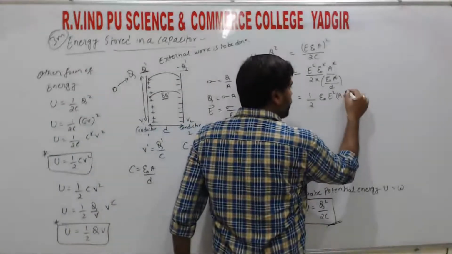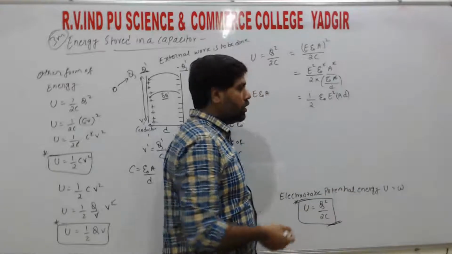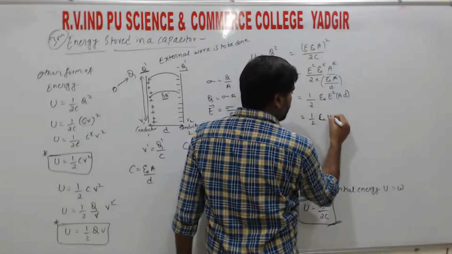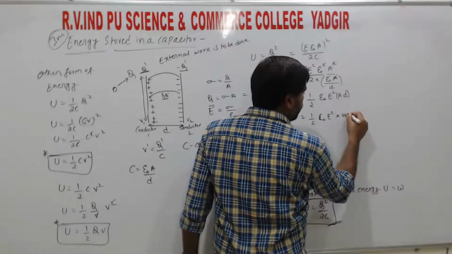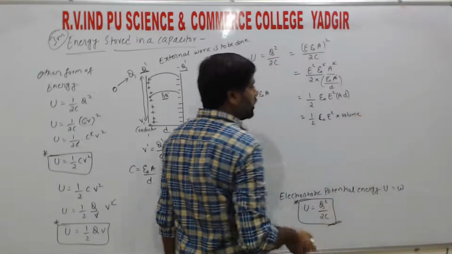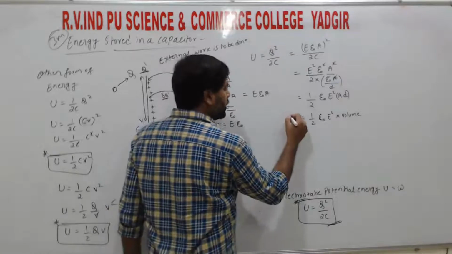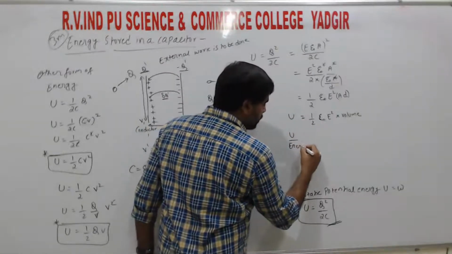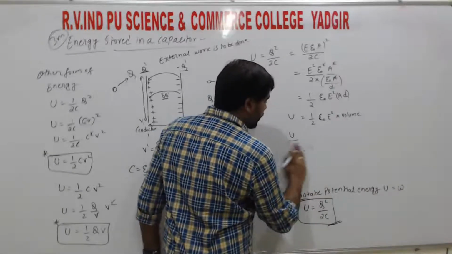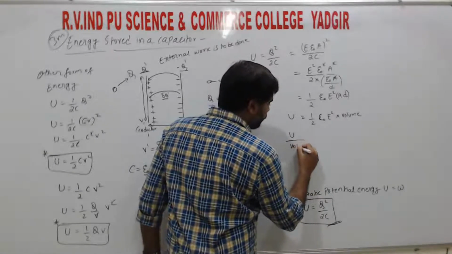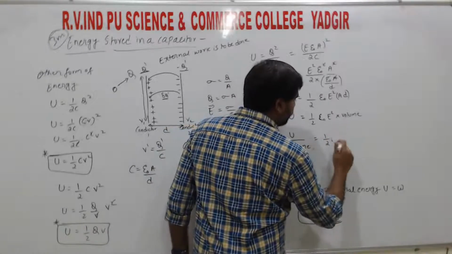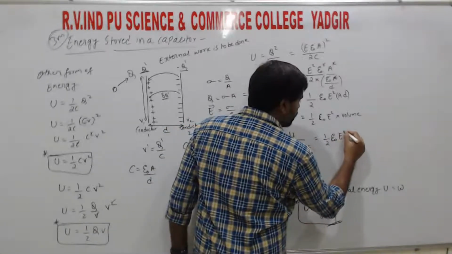So overall this we call as the volume. Right? So 1 by 2 epsilon naught E square into volume. Right? So here we have the energy U. So U divided by volume, that is equal to 1 by 2 epsilon naught E square.